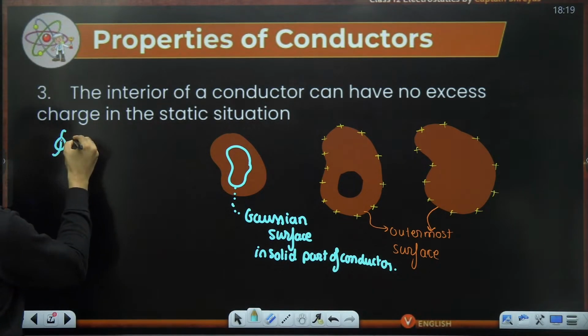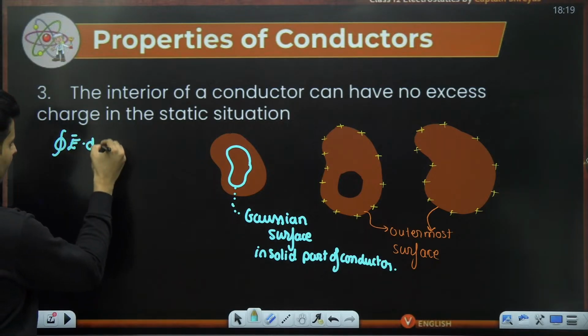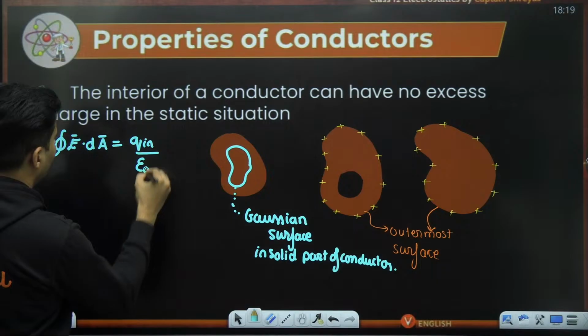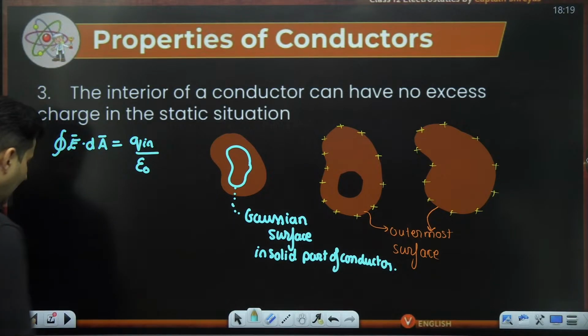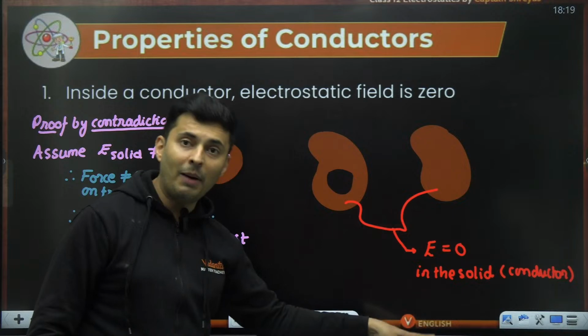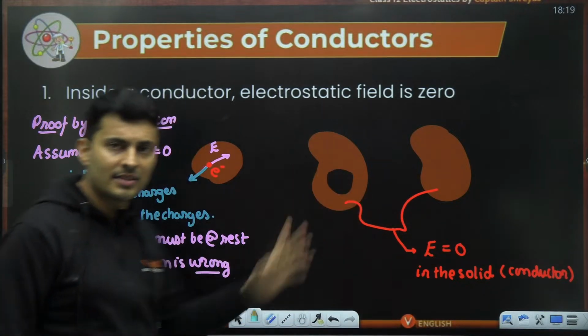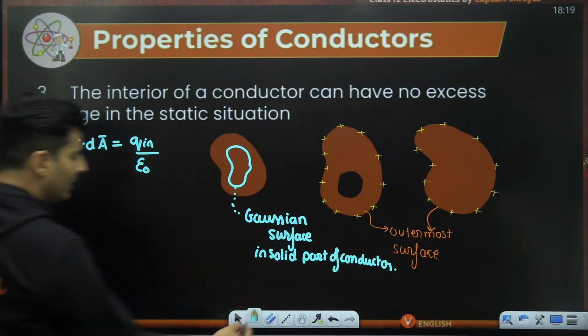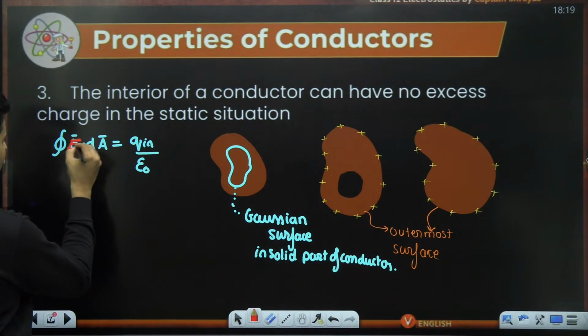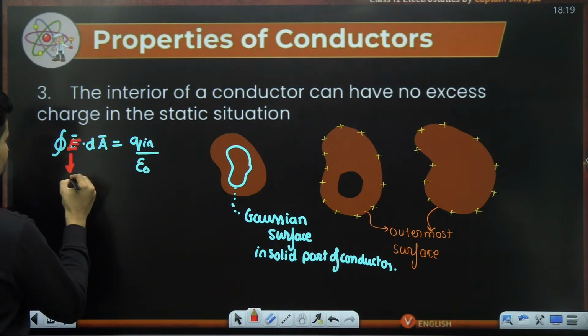the closed integral E vector dot dA vector will be the charge inside divided by epsilon naught. Do not forget that our first property itself was that the electric field in the solid part of the conductor anywhere is 0. So 100% this electric field which you see is 0.